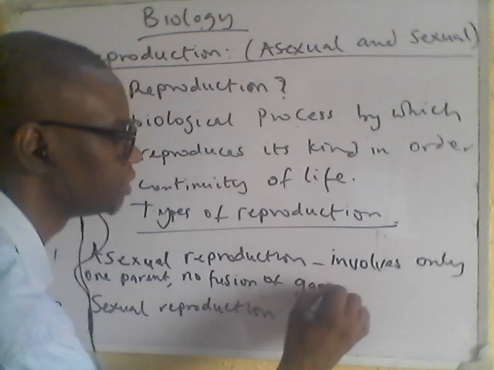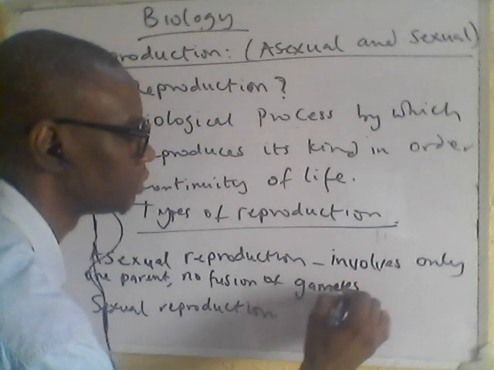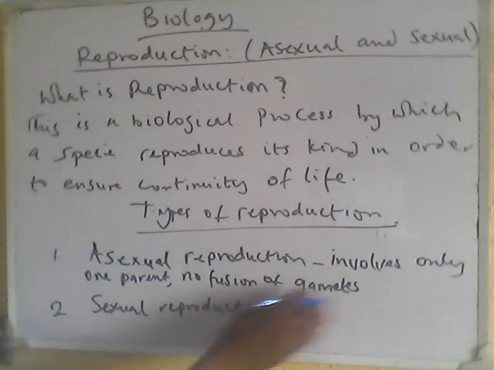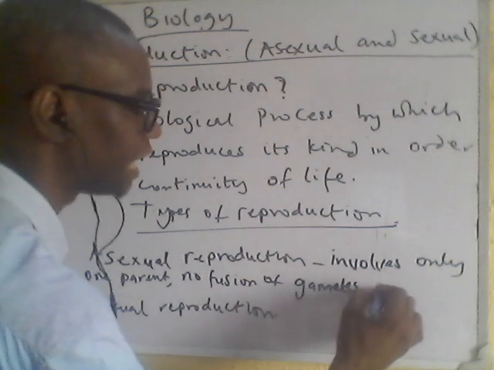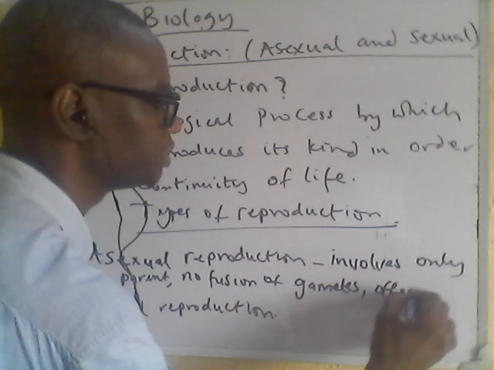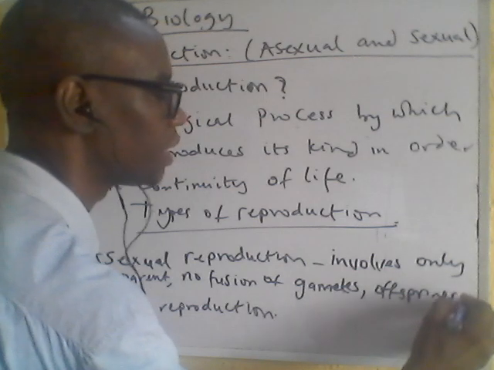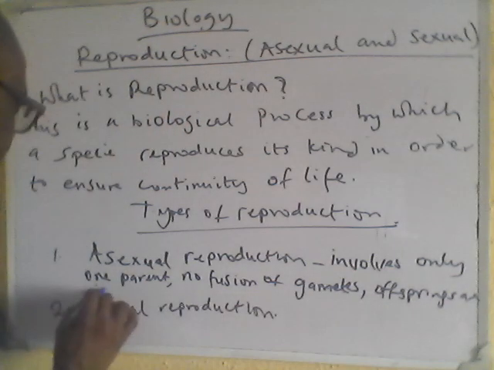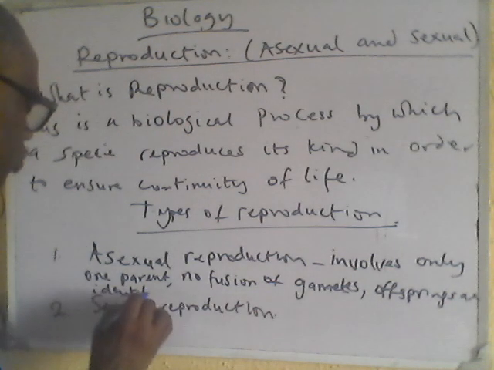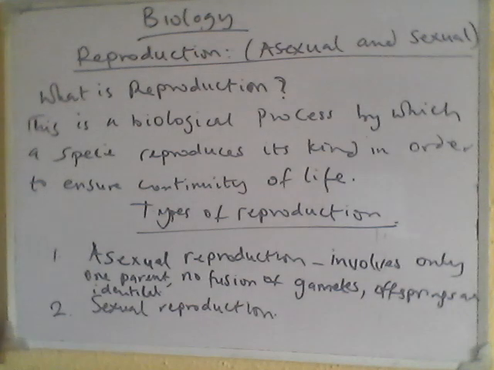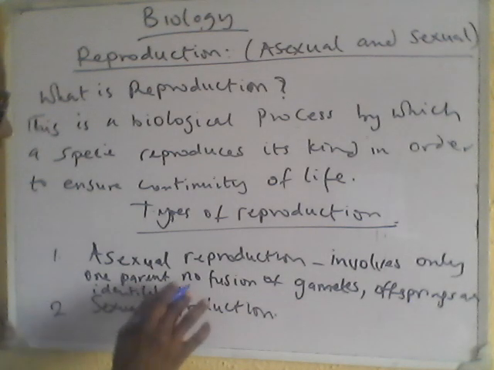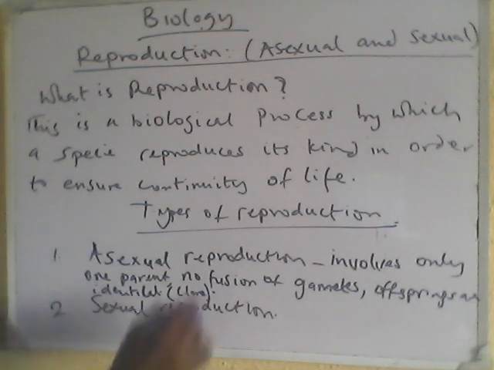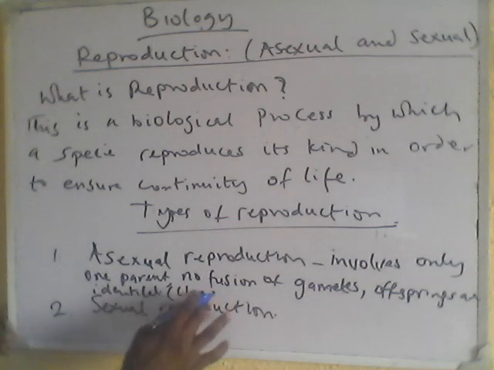Gametes are the things that are used for reproduction. You understand? And the offsprings are identical. Okay, so I've just tried to squeeze in what I've just said. It's like a clone, exactly the same. Okay, clones, there's a plural there.